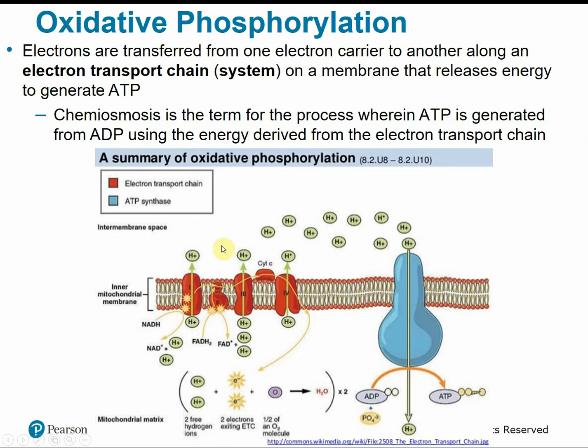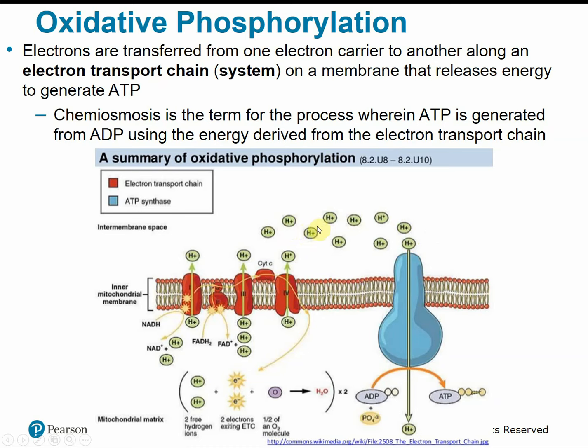So remember, active transport involves going from a low to high concentration. So we're going against the normal flow or gradient. So once we establish this hydrogen gradient outside the membrane, chemiosmosis is the process where ATP is generated using the energy derived from this newly formed gradient. So we pumped all of these hydrogens across the membrane.